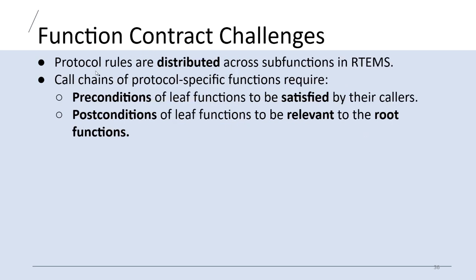Function contract challenges: protocol roles are distributed across subfunctions in RTEMS. Call chains of protocol-specific functions require the precondition of a leaf function to be satisfied by its callers, and the postcondition of a leaf function to be relevant to the root functions.